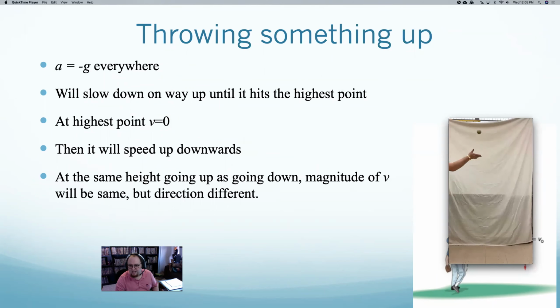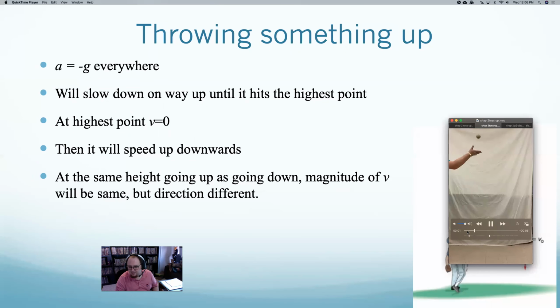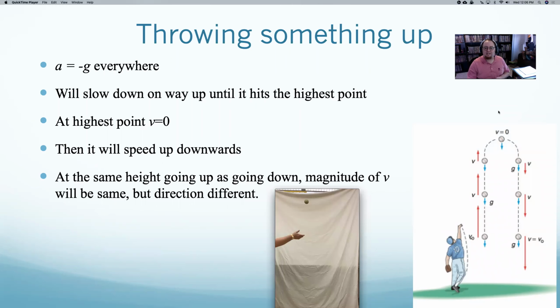That means on the way down, it has a negative velocity. But at some point, it has to go from positive to negative. What that means is that right there, at its highest point, it is switching from having a positive velocity to a negative velocity. If you throw something straight up, let it get to the highest point and fall.